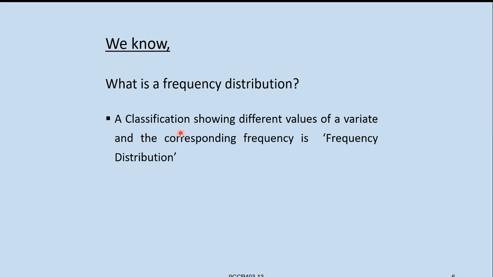A classification showing different values of a variable and the corresponding frequency is a frequency distribution. So we have already seen this meaning of frequency distribution. That is, classification is done and variable values and the corresponding frequency is taken. So that is called frequency distribution.